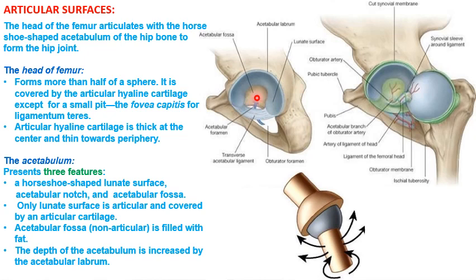So here in the acetabular fossa, as we said, it is filled with fat, which is called acetabular fat or the Haversian fat. And this fat is covered by the synovial membrane. So this acetabular fat is intracapsular and extrasynovial.